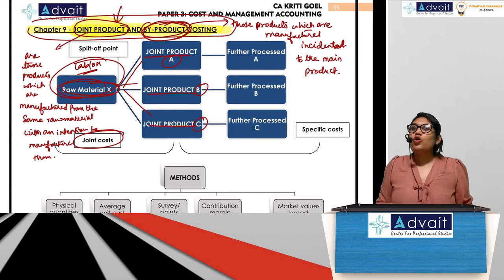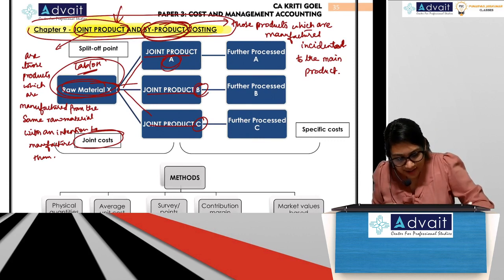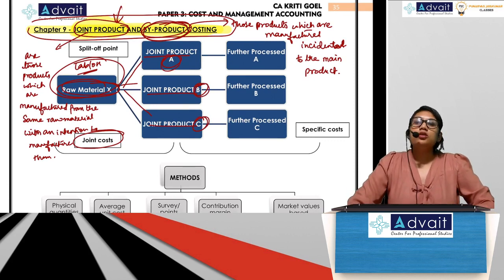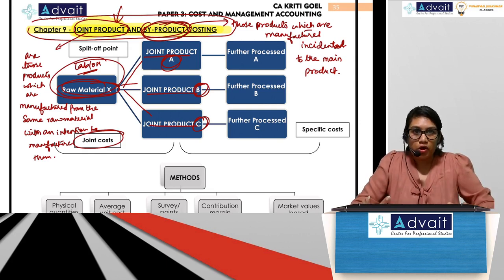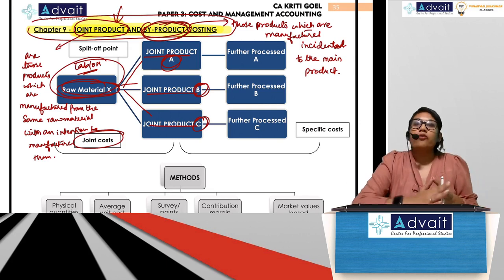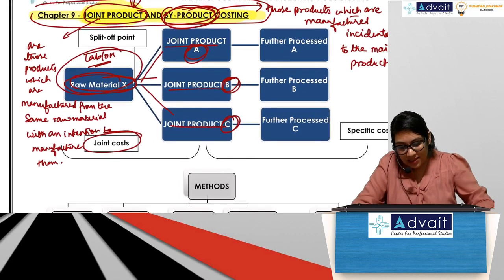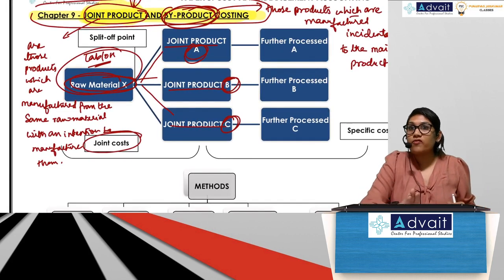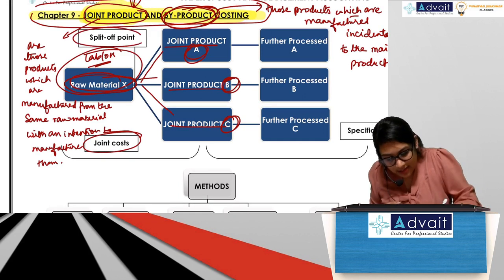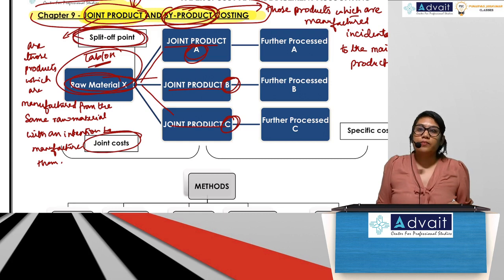So now, these joint products A, B and C which are manufactured may be manufactured in their raw form. They probably need more refining. So now that they have split off, once they become clear to us that there are 3 distinct products manufactured, A, B and C, that point is called the split off point.